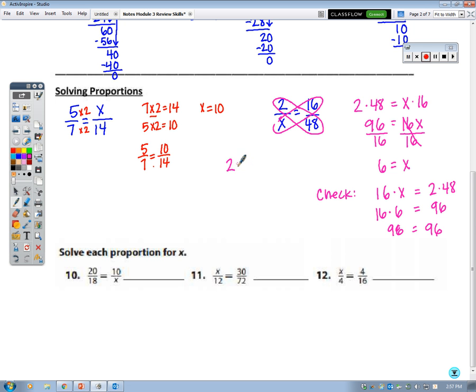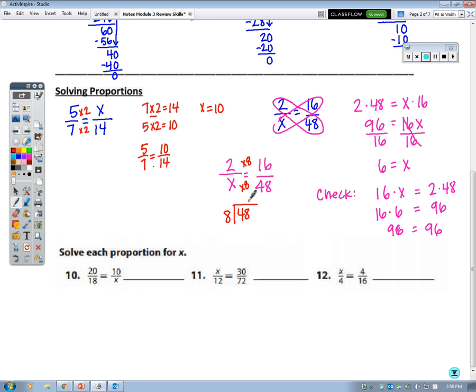If I use my first method, I know that 2 times 8 equals 16, and so x times 8 should equal 48. So I'm going to reverse this, and I'm going to say 48 divided by 8 to find x.